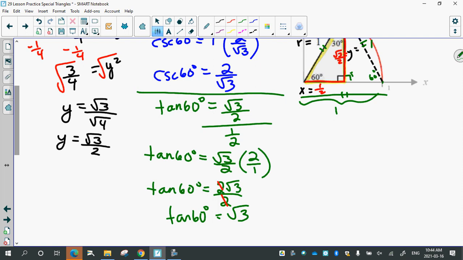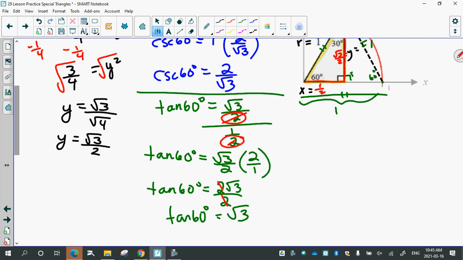I just want to show something else too here that happens a lot in trigonometry, special triangles, is when you're dividing two fractions that have the same denominators. The denominators cancel out and you can just divide the two numerators. You multiply by the reciprocal, and then the 2's end up dividing out.